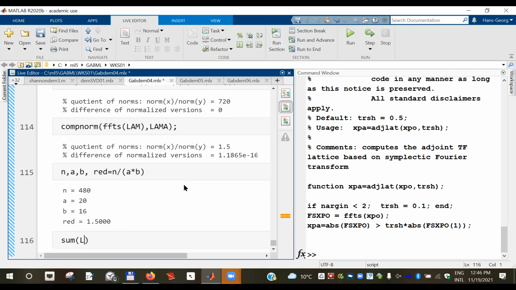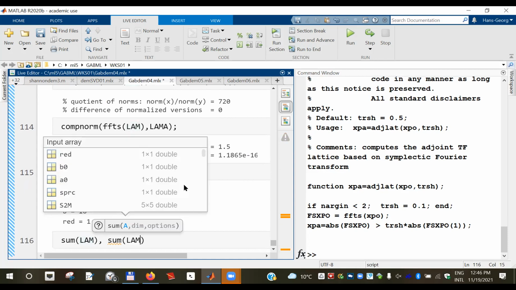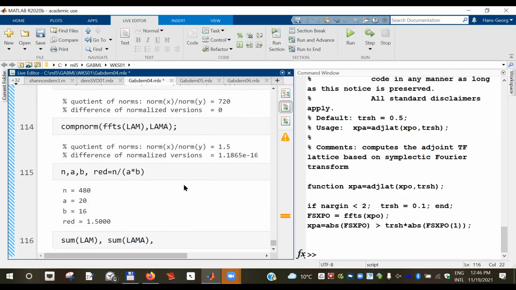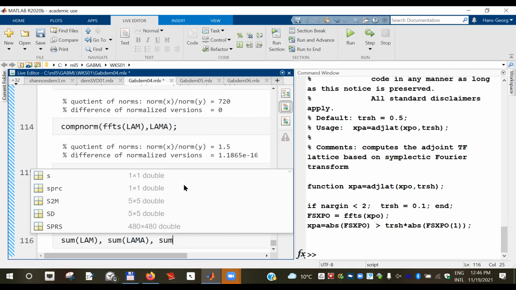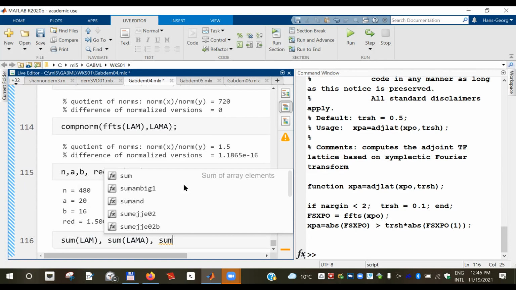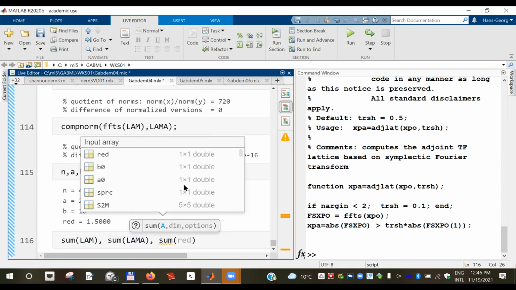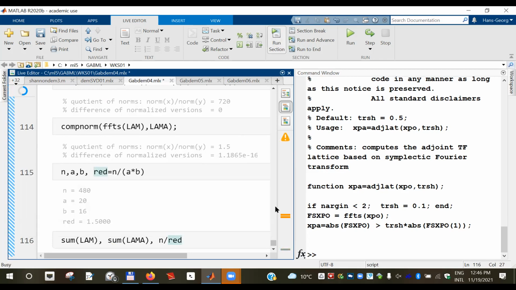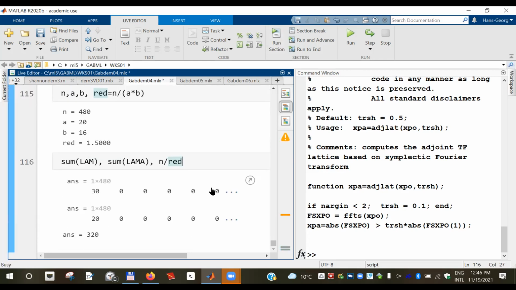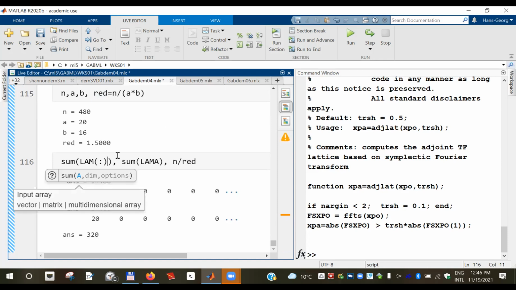Maybe it's interesting to check now. We count the points of lambda. We know it's 720. We count the points of lambda, and we compute maybe something like n divided by redundancy. Oh yeah, so of course this was nonsense. I don't want to have a sum over lattice points, but I want to sum over the full lattice.